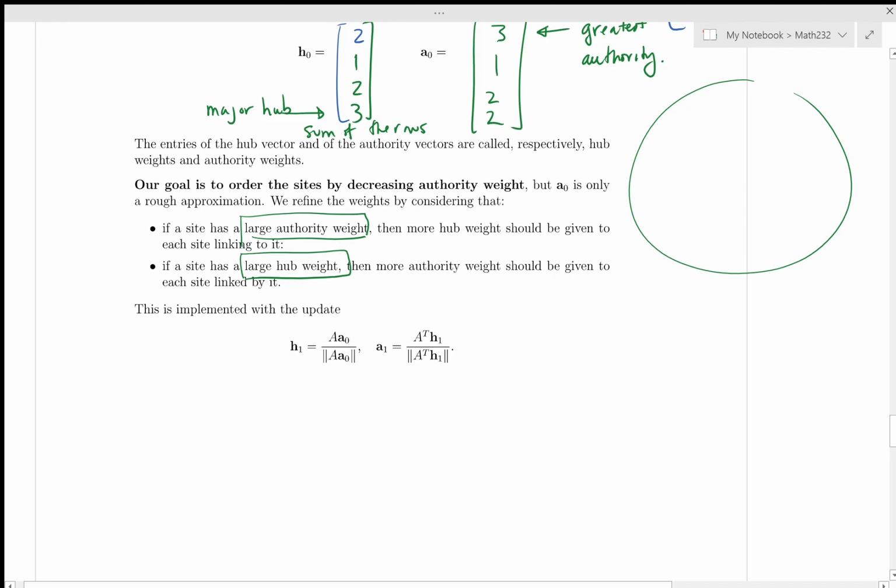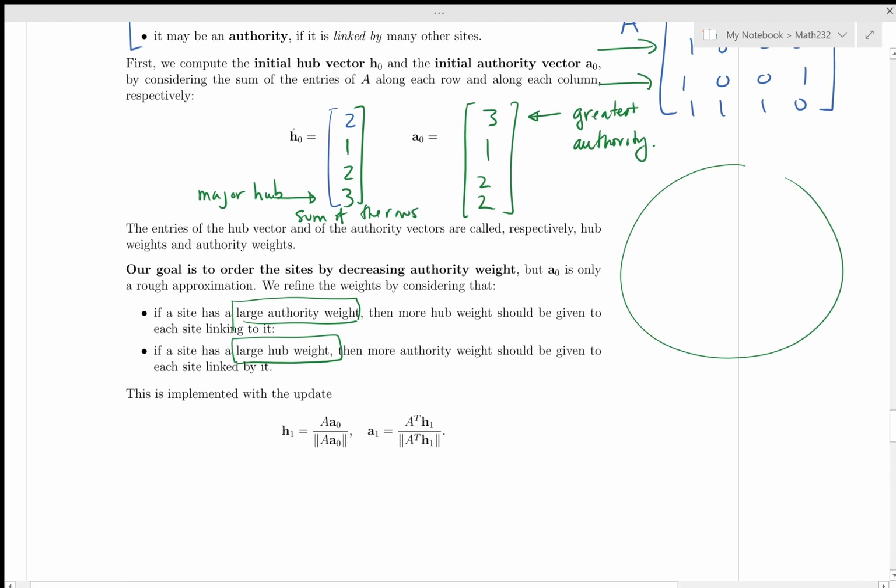We then are going to update these vectors. This is our first pass at it. That's what we call H naught and A naught, the hub vector and the authority vector. So we take a first pass at it by doing these additions of the rows and columns, and then we have an update rule to accommodate these two things, to try to get better information about who is likely to have the best information.